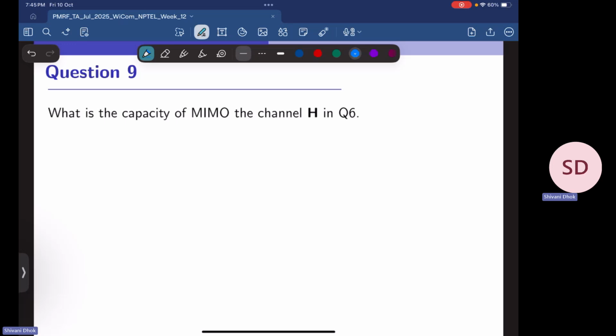So what is the capacity of the MIMO channel H in this particular question? We have seen the parallel decomposition.